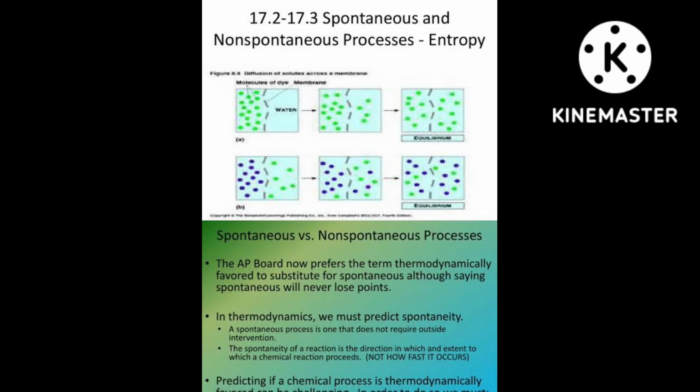But heat will not flow from a colder body to a warmer body. Here it is important. The reverse is not possible. Heat will not flow from a colder body to a warmer body on its own. From the cold it will not come to the warm by its own.